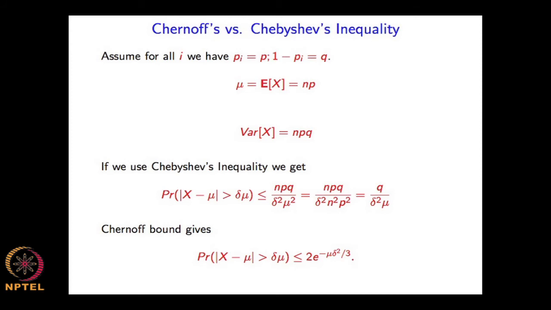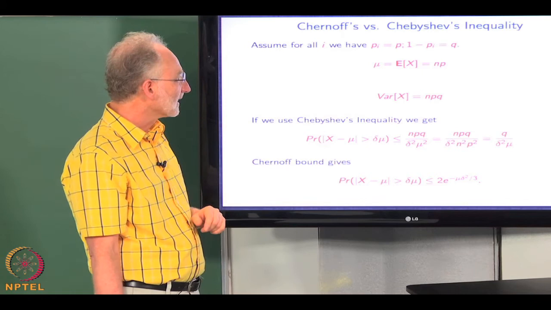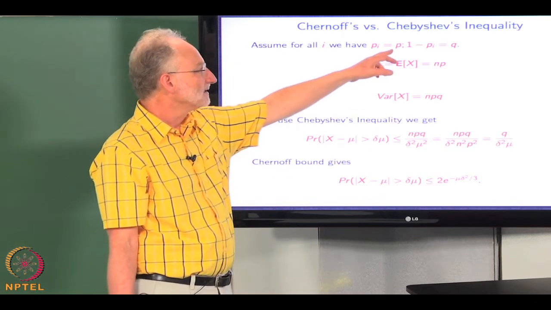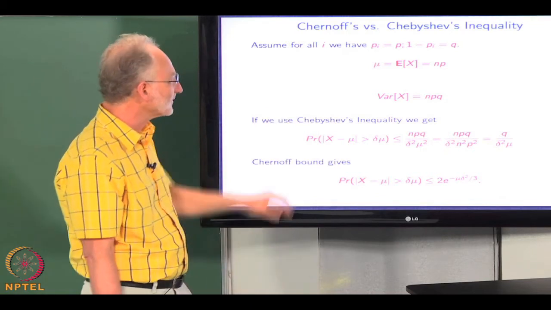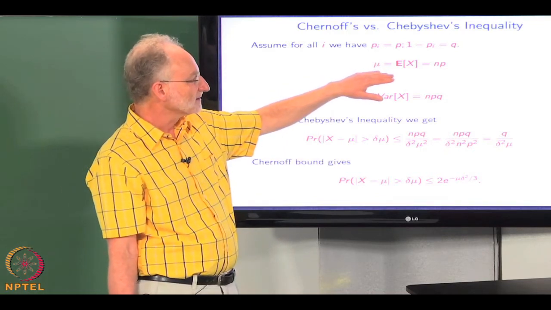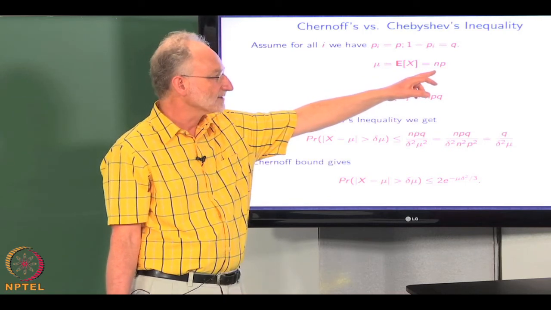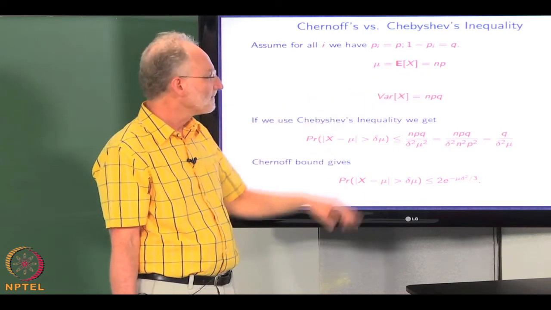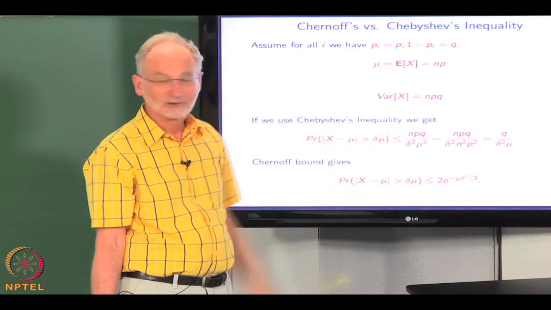Assume, to make it easier, that we just sum n random variables with probability p for success. These are 0-1 random variables. The expectation of the sum of these n 0-1 random variables is np. The variance is npq. I'm sure you know all this.